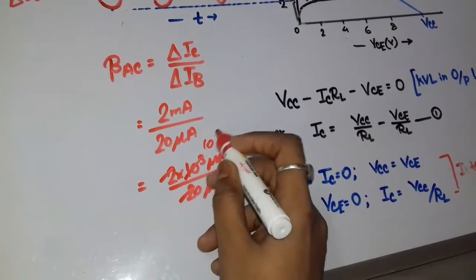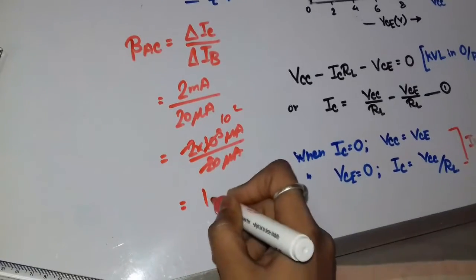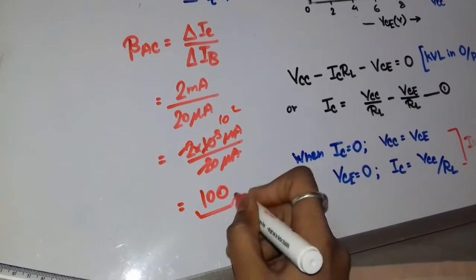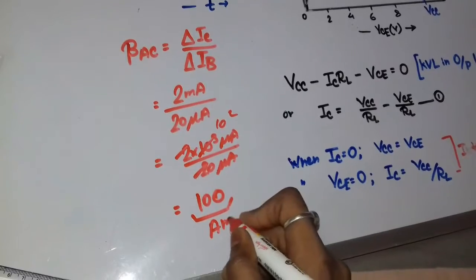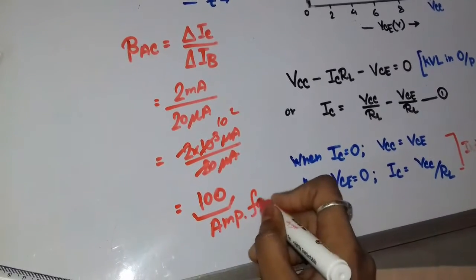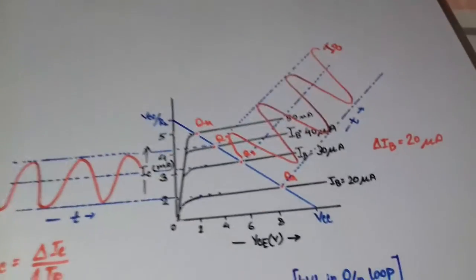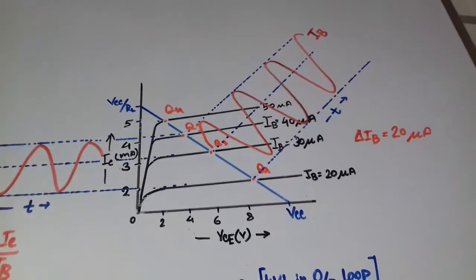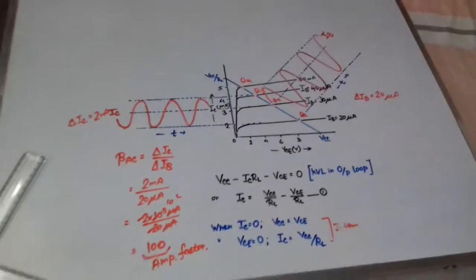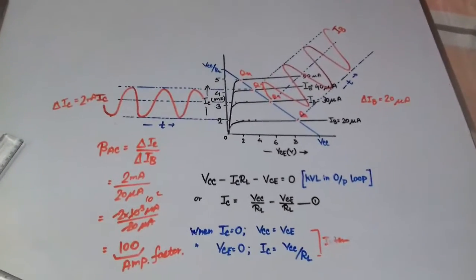So it is 10 to the power 2, that is 100. So this is the amplification factor. The change in the IB will be amplified 100 times in the collector current. This is how the amplification of a transistor works.